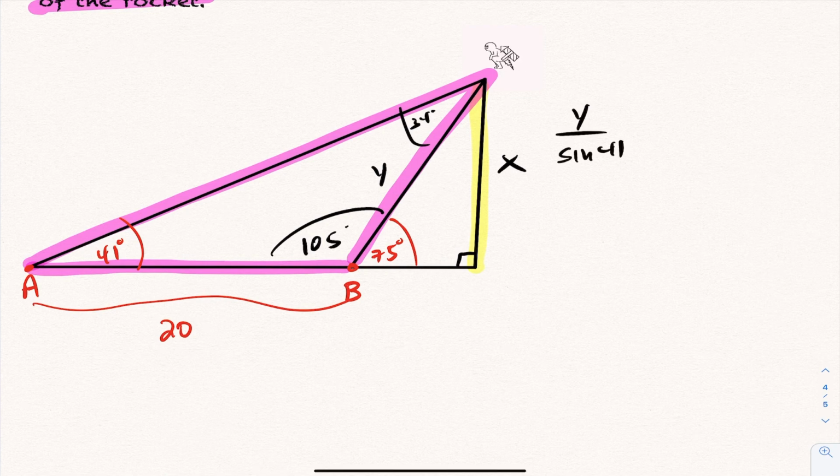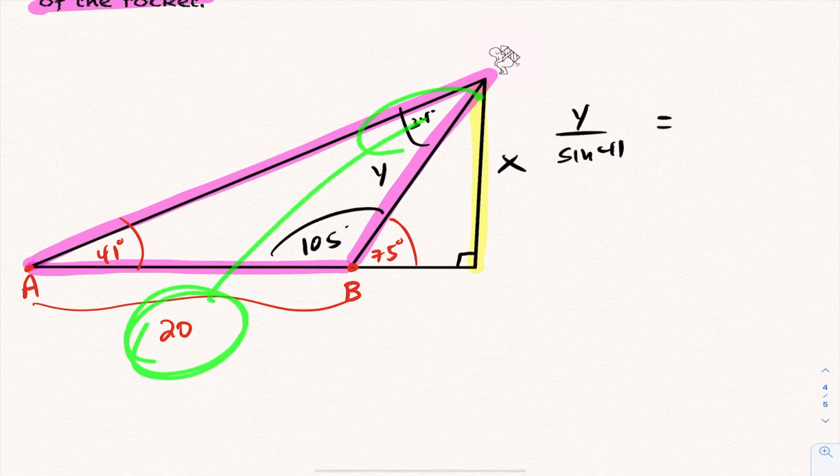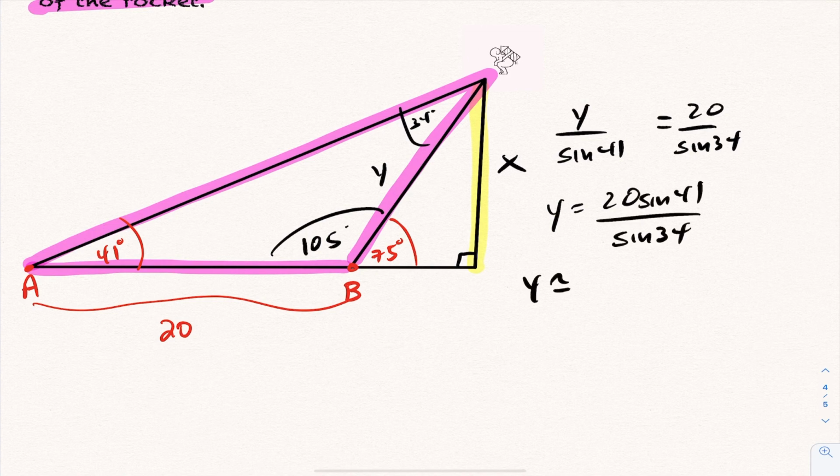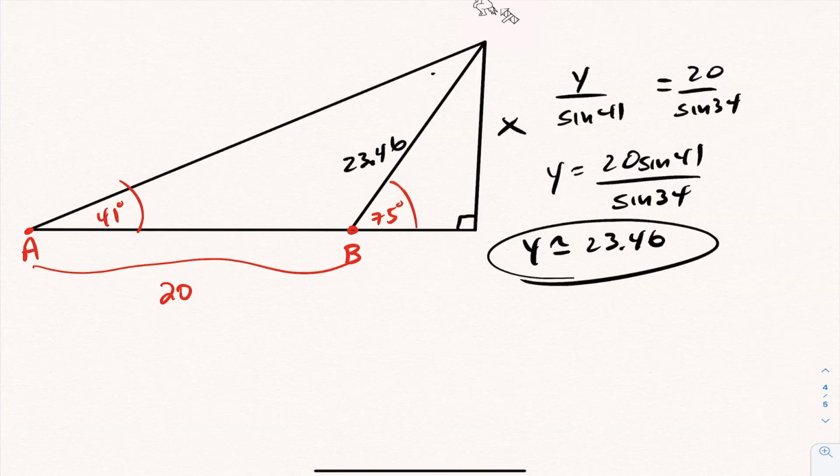So again, I'm taking my y value divided by the sine of 41 degrees has to equal the length of 20 divided by the sine of 34 degrees. Then we multiply across by the sine of 41. Compute this to 2 decimal places. We get 23.46.